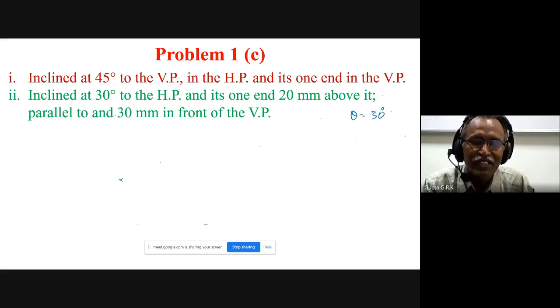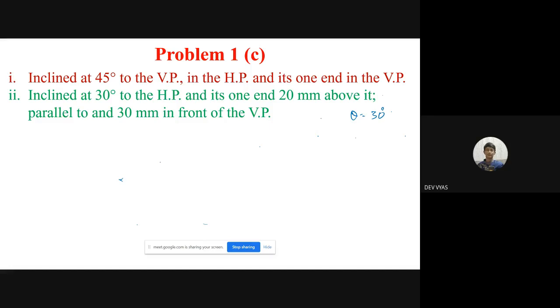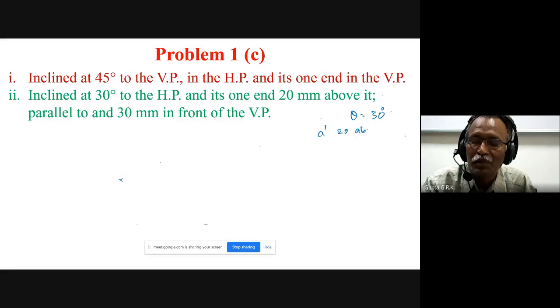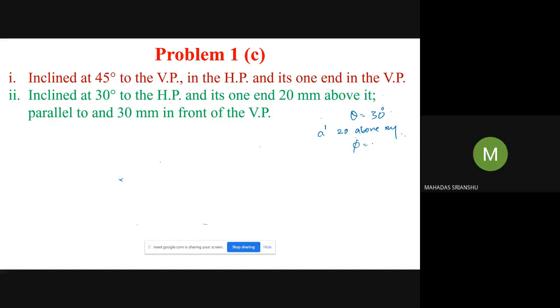Okay, inclined at 30 degrees to HP, and its one end 20 mm above it. Tell me, what is the meaning? 20 mm above. So which point I have to write? Front view. Front view is about 20 mm. A dash 20 above XY. Okay. And parallel to and 30 mm in front of the VP. So parallel to VP means phi equal to 0.